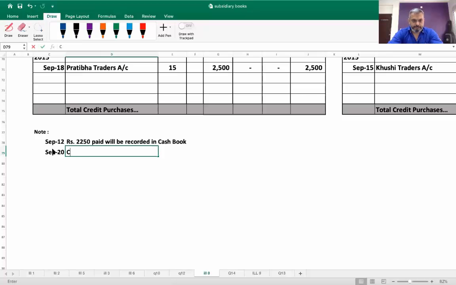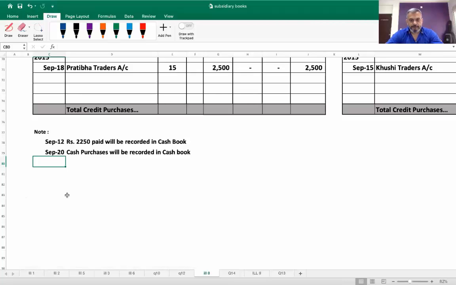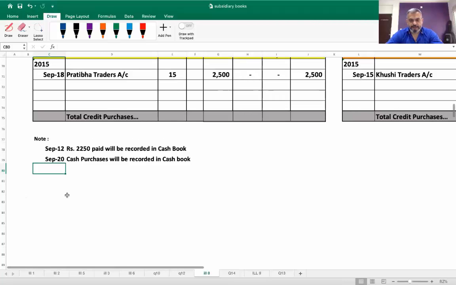Cash purchases will be recorded in cash book.